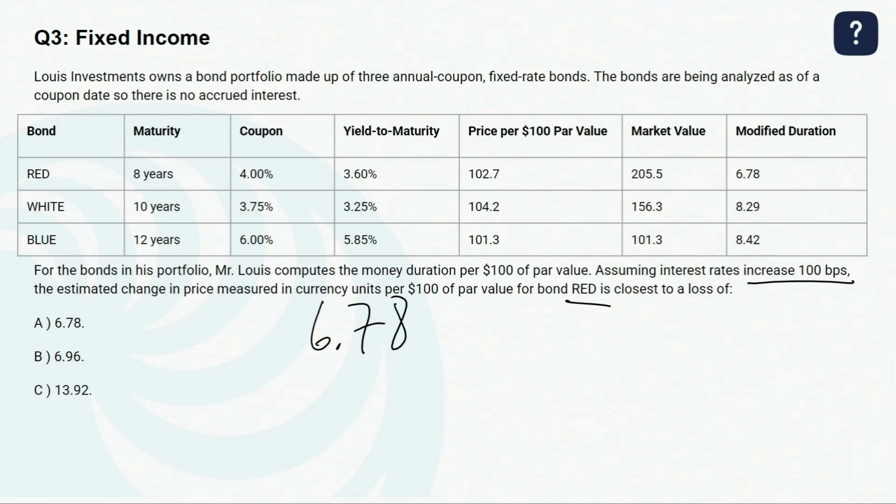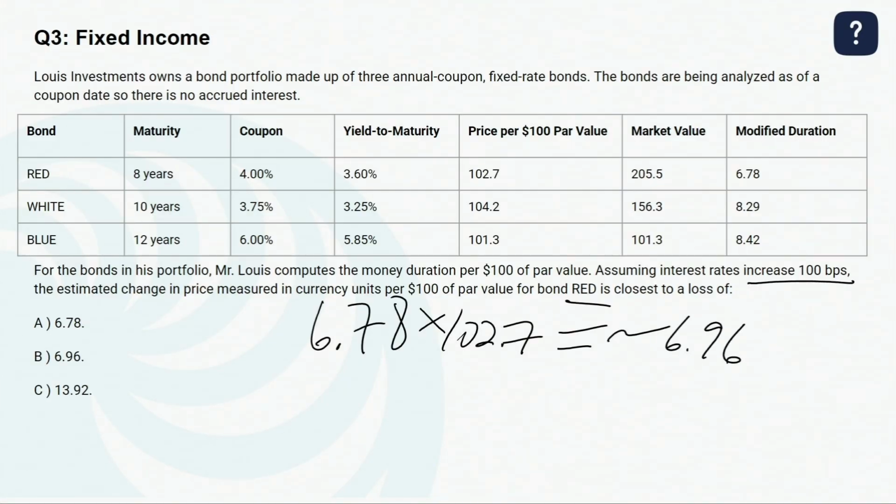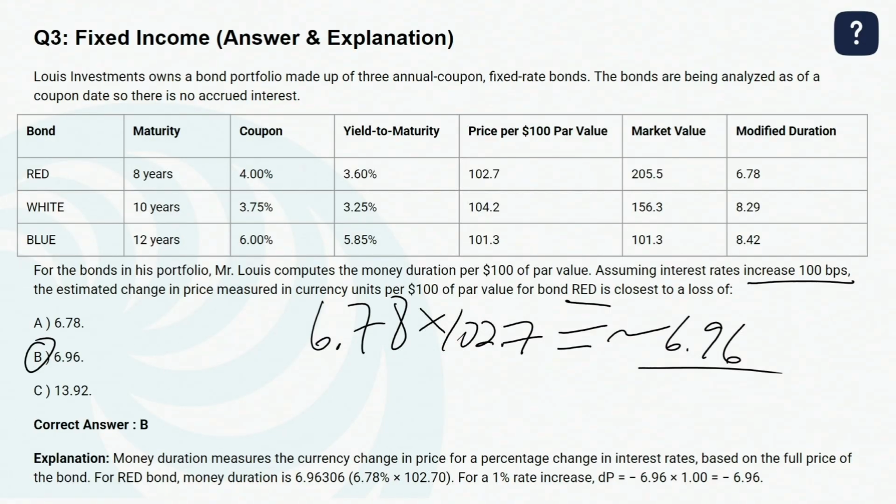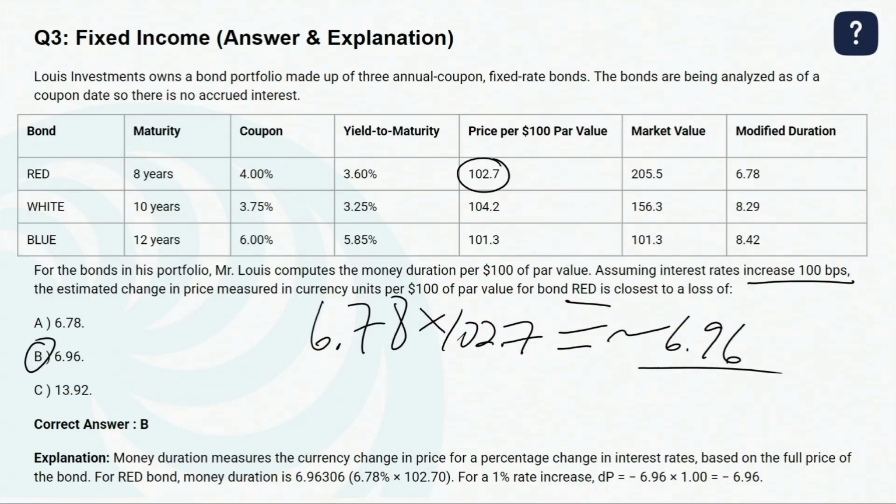We have a price of 102.7, which means that your money duration is going to be 696. And that, again, is simply taking your modified duration of 6.78 and multiplying that by the full price of the bond, which is 102.70.